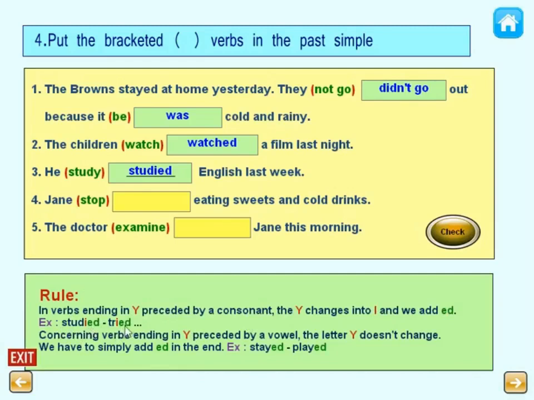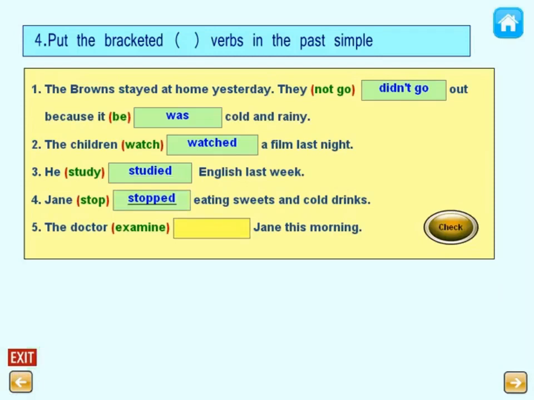Example, studied, tried. Concerning verbs ending in Y preceded by a vowel, the letter Y doesn't change. We have to simply add ed in the end. Example, stayed, played.